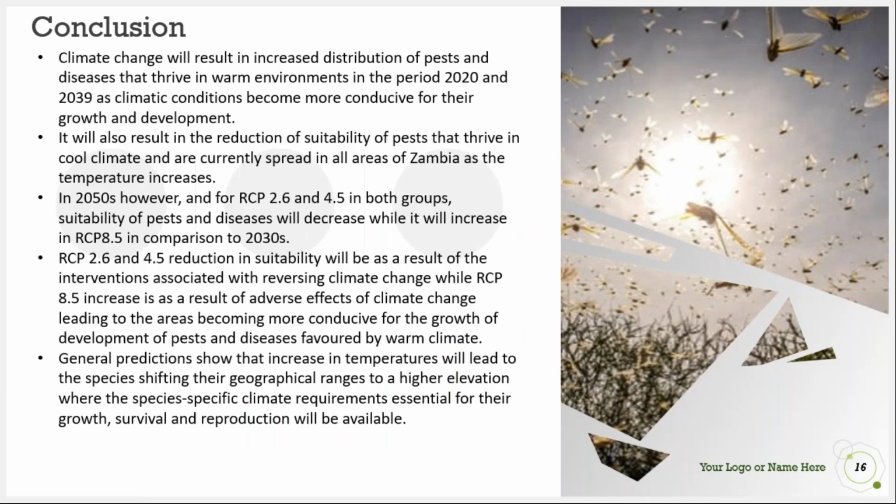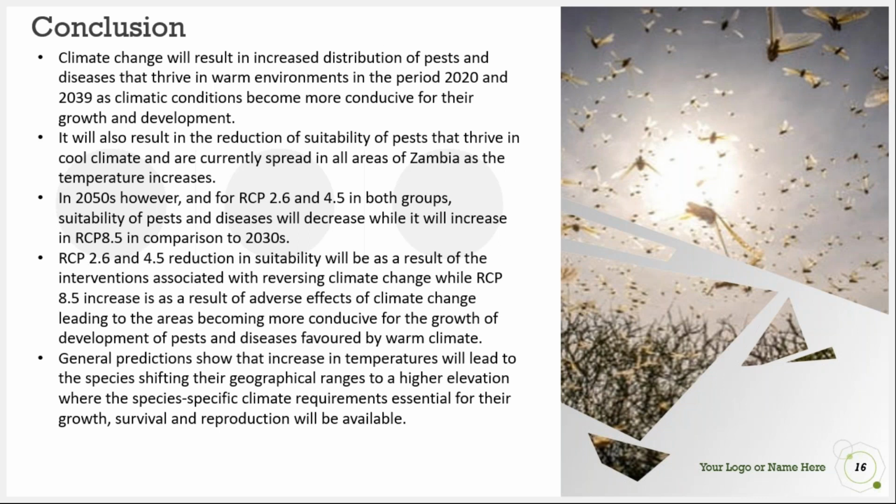So what can we conclude from this? We can conclude that climate change will result in increased distribution of pests that thrive in warm environments. You can see that the areas will become more suitable for warm-environment pests and diseases, as well as becoming less suitable for the pests that thrive in cool climates.